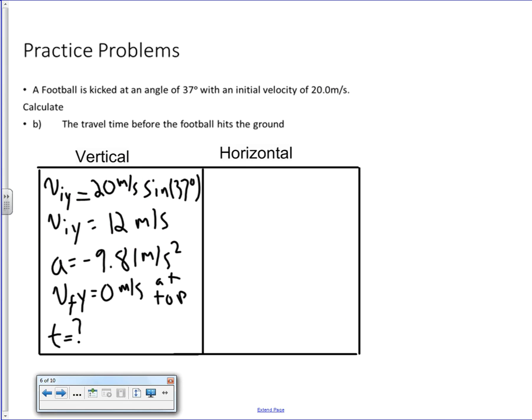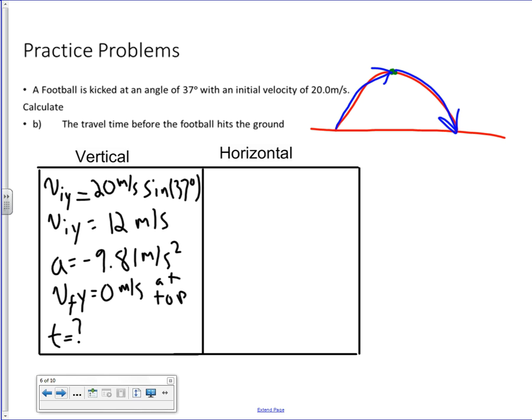So for the second problem, I'm going to redraw. If we're going to use these variables from the last problem, we have to realize that we're only dealing with this first half of the trip, because we found the maximum height from the starting point. But we want the total time, so we also need the second bit.